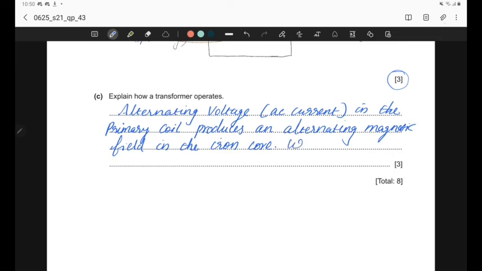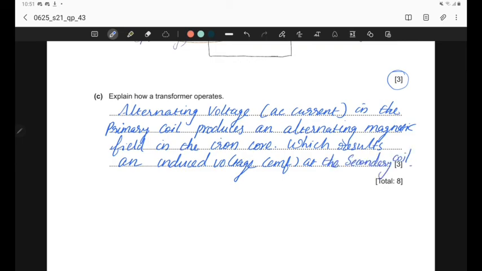Therefore, this change in magnetic field results in an induced voltage, or you can write induced EMF, at the secondary coil. These points are enough in order to score 3 marks, and this is one of the very important questions you can expect from the transformer.